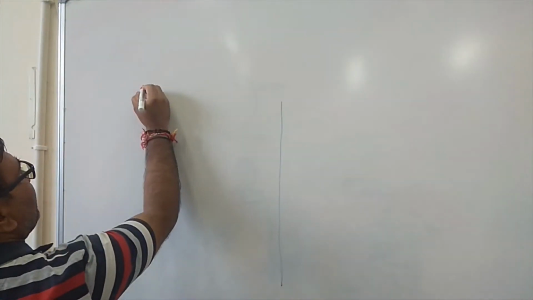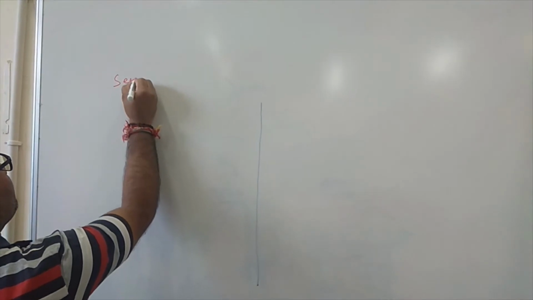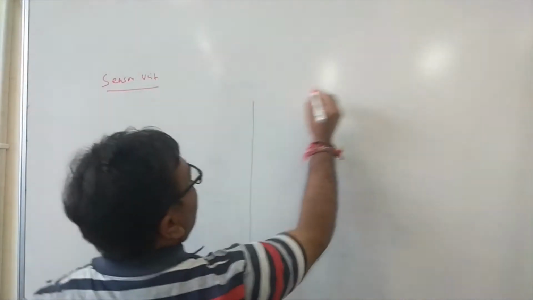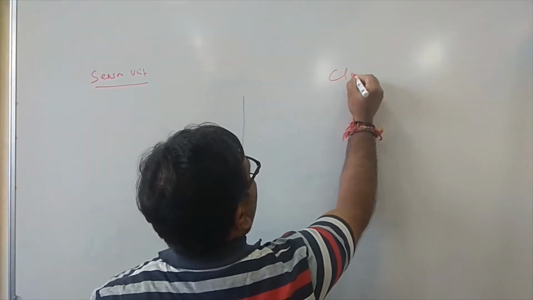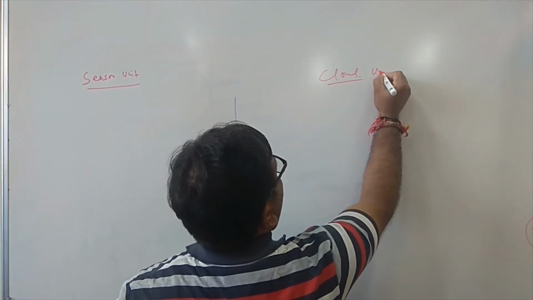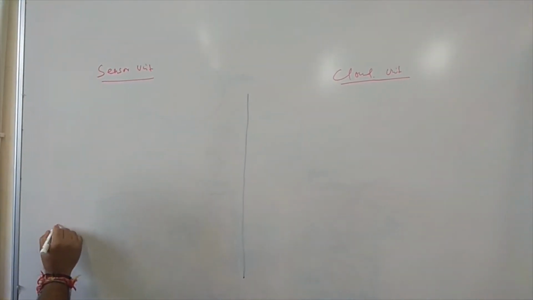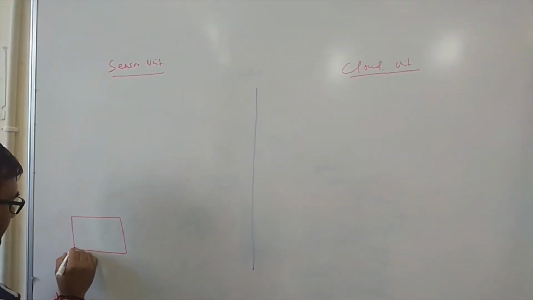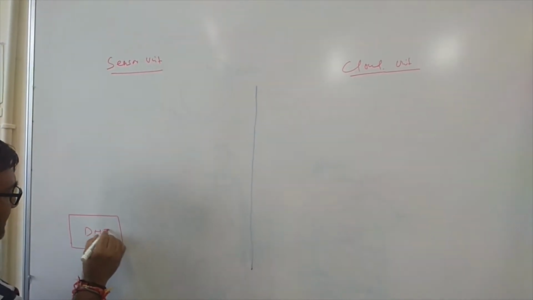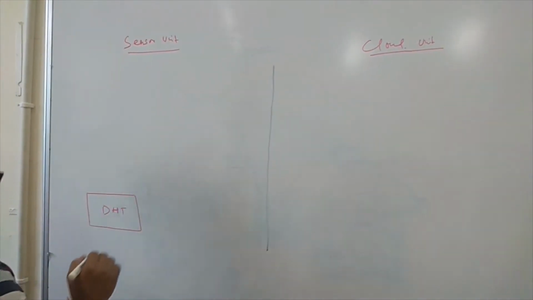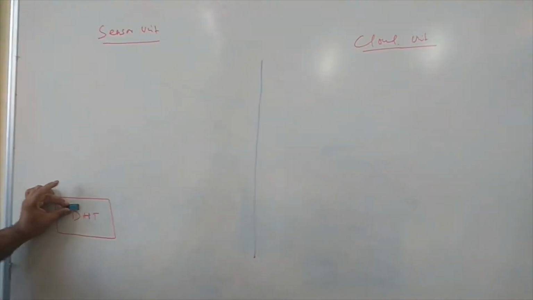Now see, here is your sensor unit, and the other one is your cloud unit or browser unit, right? So first, let us assume this is your DHT sensor. I will take this device here.